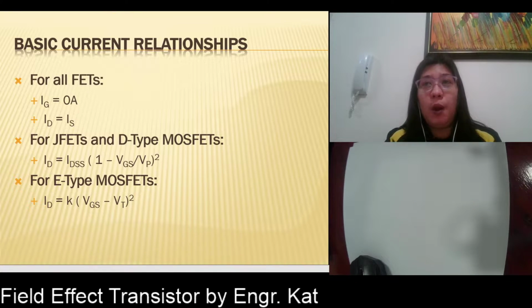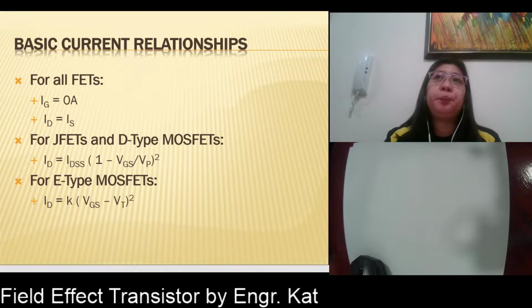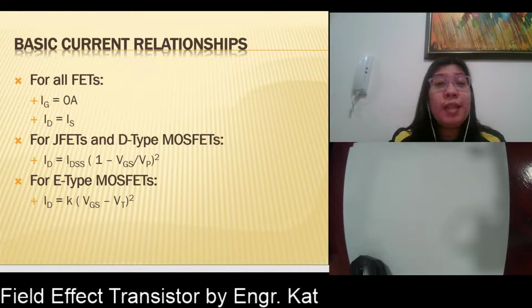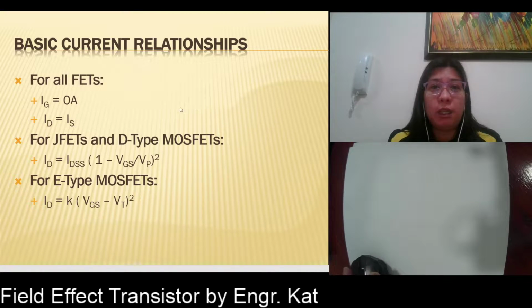is equal to 0. However, for the D-MOSFET and for the E-MOSFET, we can apply a positive VGS for an N-channel D-MOSFET and E-MOSFET. However, IG will still be equal to 0. Why?